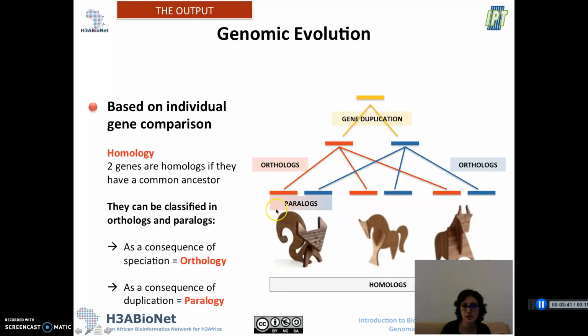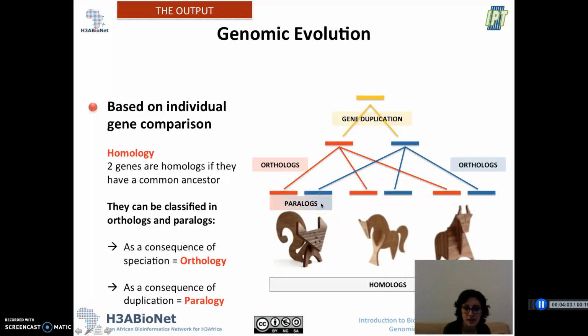So orthologs are genes that are appearing as a consequence of the appearance of different species. This is what we call speciation. And if this is an event that is happening through duplication, then this would be paralogs, and this is exemplified here.